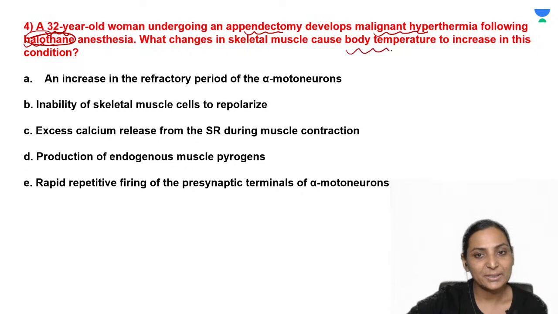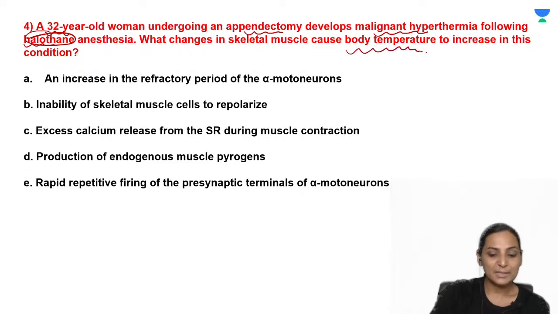The options are an increase in the refractory period of alpha motor neurons, inability of the skeletal muscle cells to repolarize, excess calcium release from the sarcoplasmic reticulum during muscle contraction, production of endogenous muscle pyrogens, or repeated firing of the presynaptic terminals of alpha motor neurons.